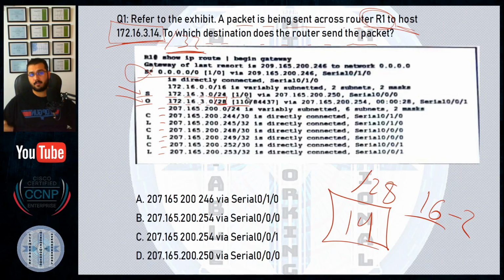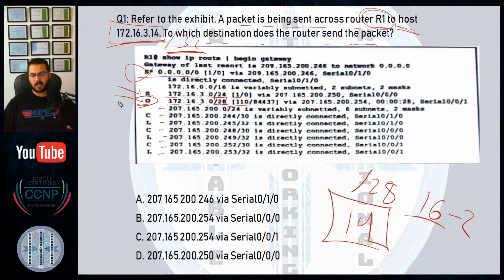So step number 1, look at the subnet mask and pick the longest match. Only then, in step number 2, you should look at the routing protocol and the AD value. So step number one is the longest match, because I have a /16, /24, and /28. So /28 will win. There is only one route to /28, so I will pick that route.